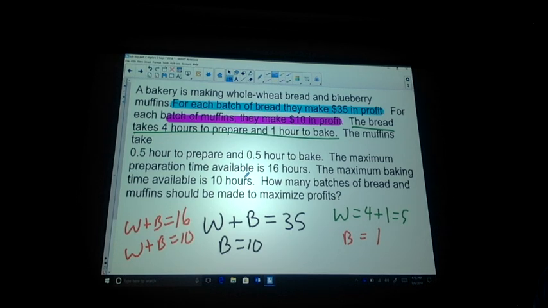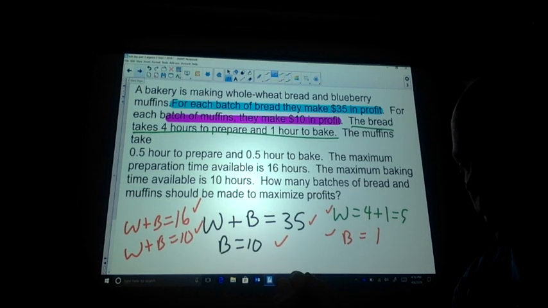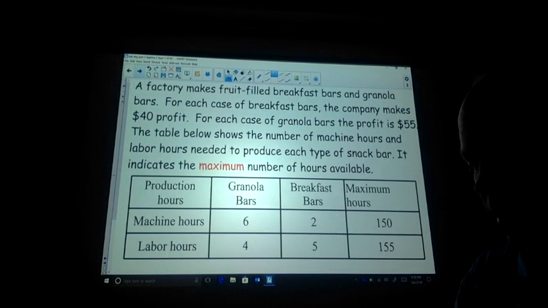So how many batches of bread should you make? These are the equations that we're going to go ahead and graph. Do we need to convert them to X and Y? Probably. But if you move forward onto your homework, you're going to start seeing these make a little bit more of a difference. All right, so let's see if we graph that.